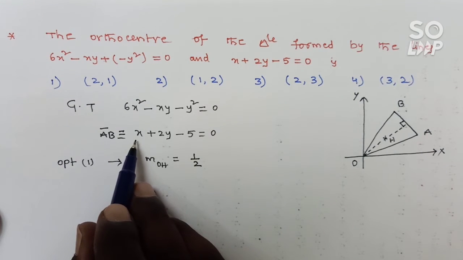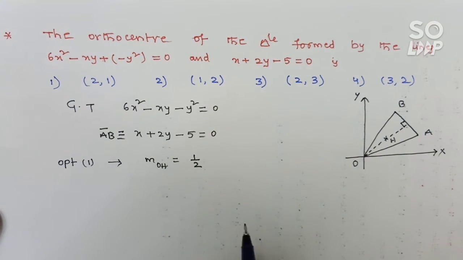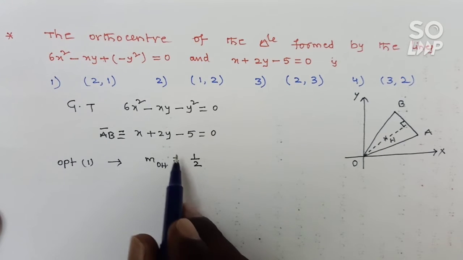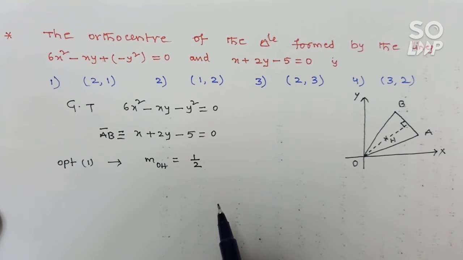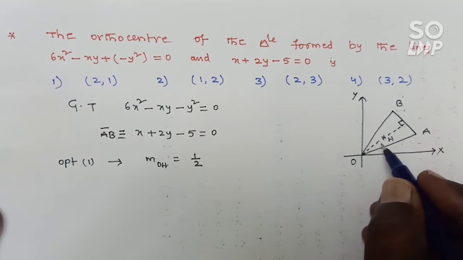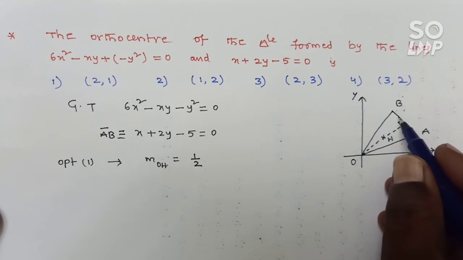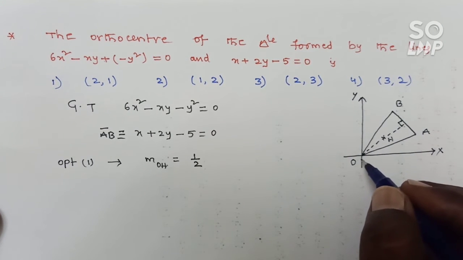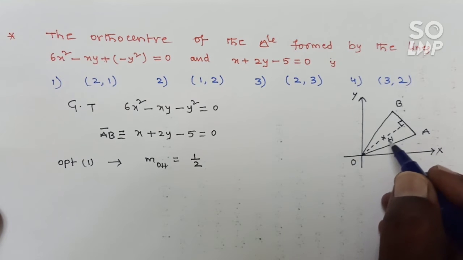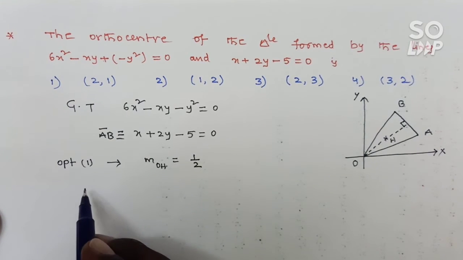The slope of AB is −1/2. The product is not equal to −1, because the altitude passing through O must be perpendicular to AB.